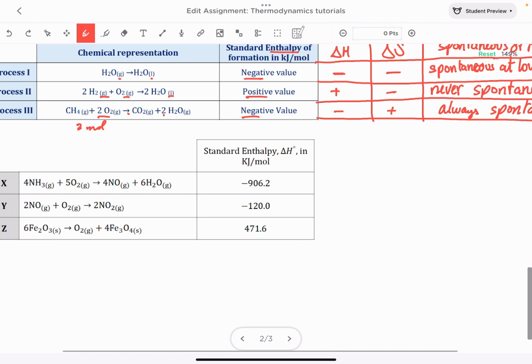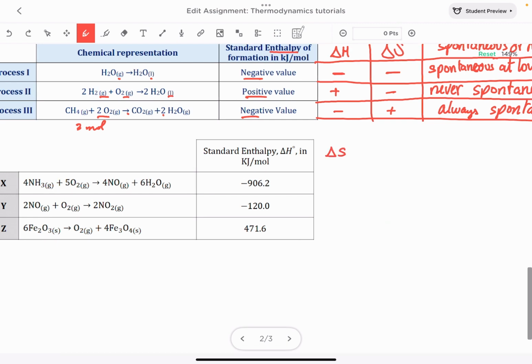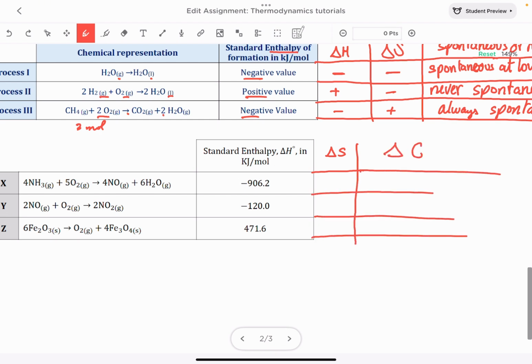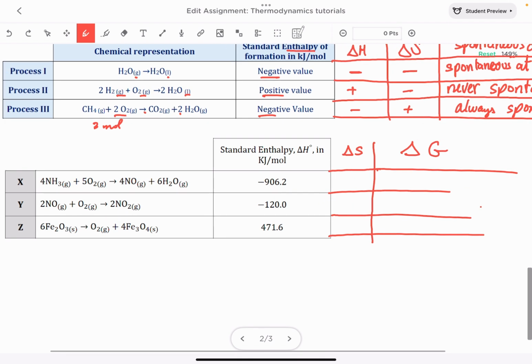Let's look at more examples. I have the sign of delta H over here, and I'm gonna write a table for delta S, and then I'll look at delta G to see if the process is spontaneous or not. Now, delta H is negative, exothermic.